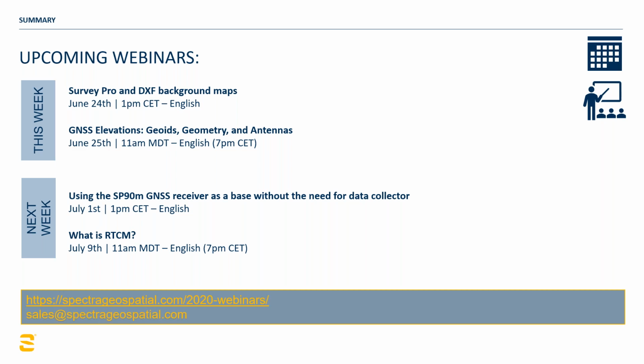Right, Piotr, there's a question here. Does Survey Pro have a circular object function? Do you mean it can draw a circular object, or it can stake a circular object? Can you please specify this?